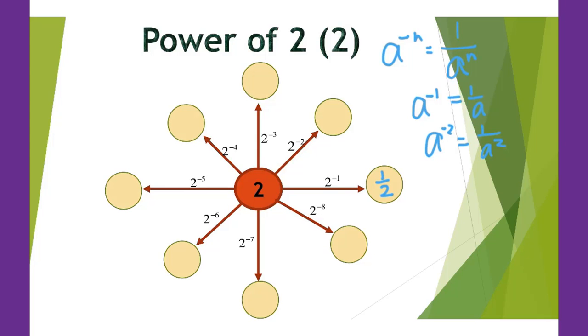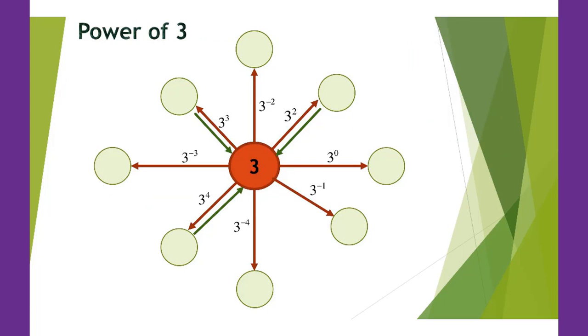For 2 to the negative second power means 1 over 2 squared, which is 1 over 4. 2 to the negative third power, it will be 1 over 8. Keep going, we can get 1 over 16, 1 over 32, 1 over 64, 1 over 128, 1 over 256.